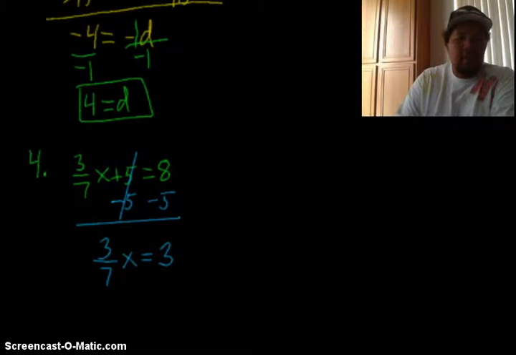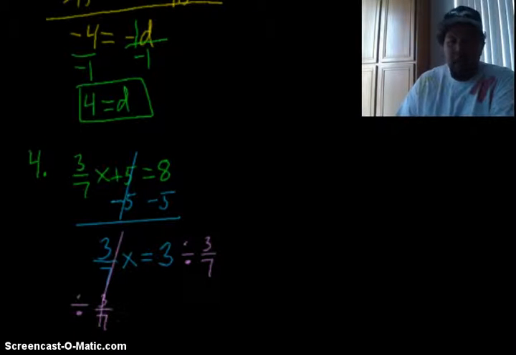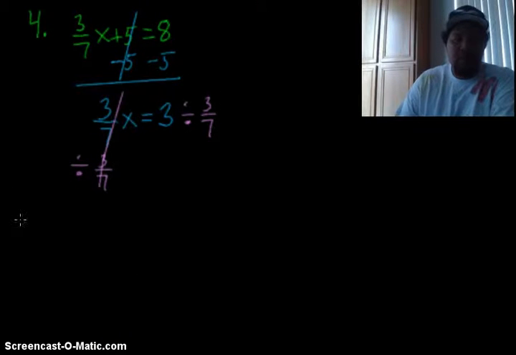And now this step is, again, the step that most students were getting confused with. Well, this is being multiplied by a 3/7, so we are going to divide by a 3/7 on both sides. So dividing a number by a fraction, we actually need to multiply by the reciprocal.